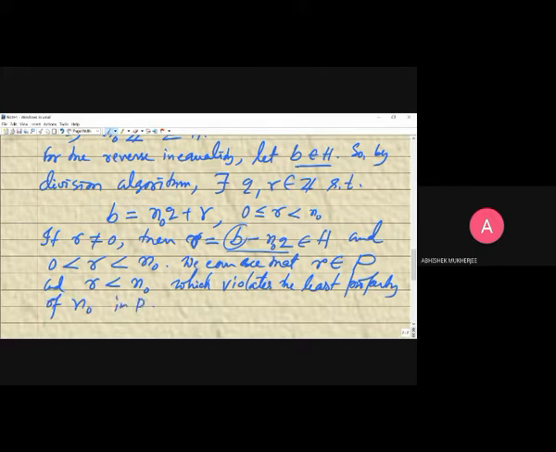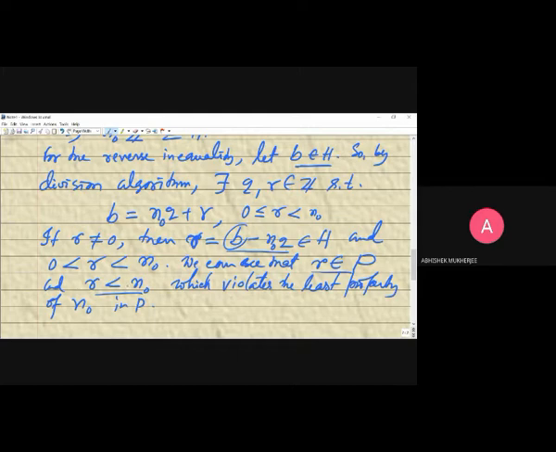Because you found an element R sitting inside P which is strictly less than N naught. So how could it be possible to say that N naught is a least element? But we have assumed that this N naught is a least element.